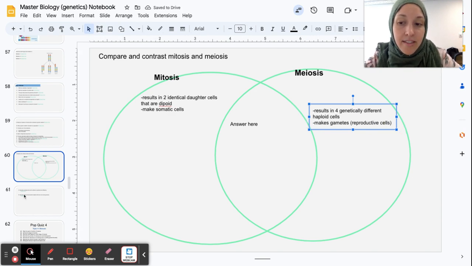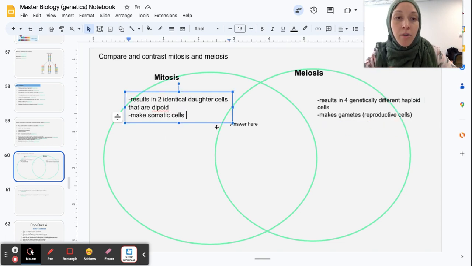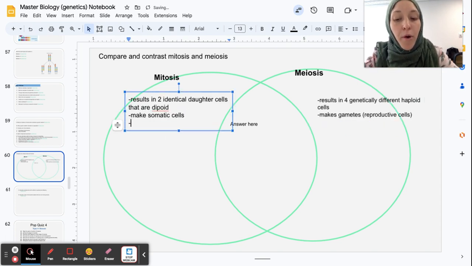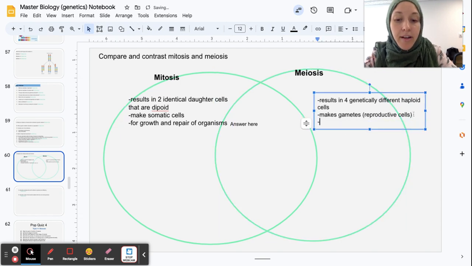Let me just make the font size a little larger. The function of mitosis is for growth and repair. And meiosis, its goal is to make gametes, to make reproductive cells, to make cells to pass on genetic information.